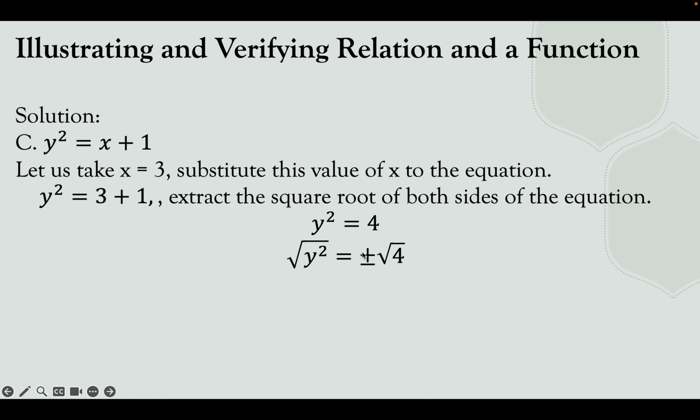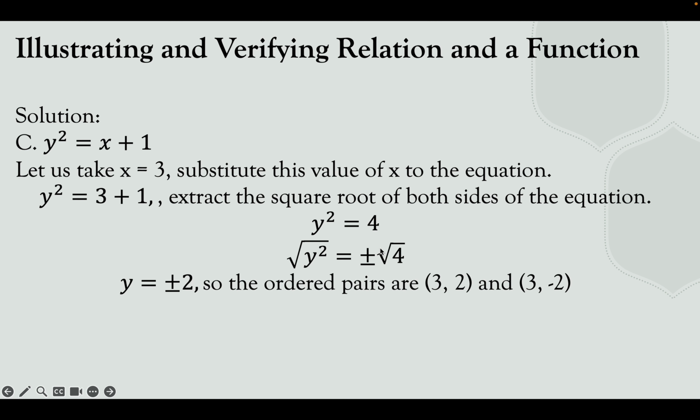But in the rule in finding the roots, class, that means there are two possible solutions, positive and negative values. So that's why we write here, in finding the roots, positive and negative. So we have y equals positive and negative 2.